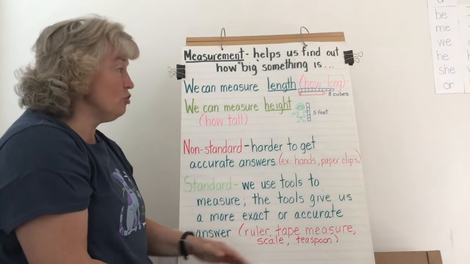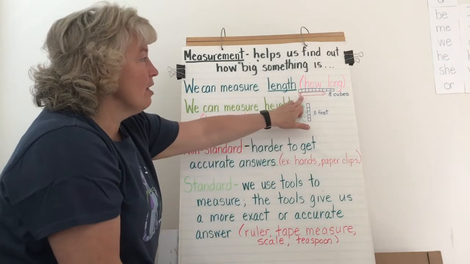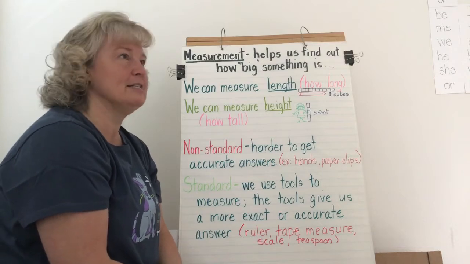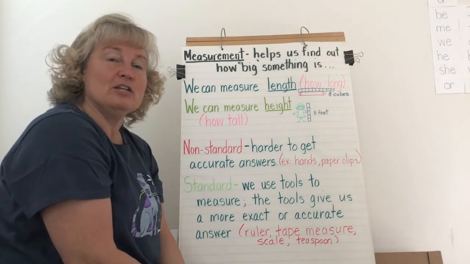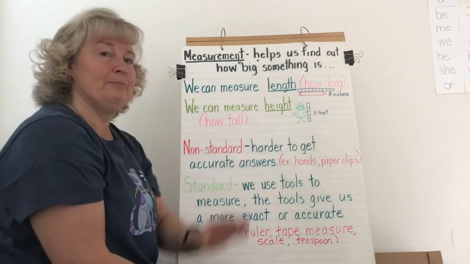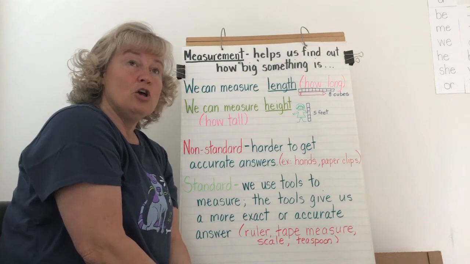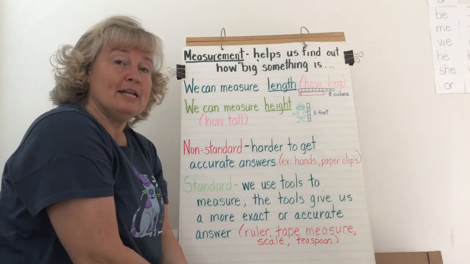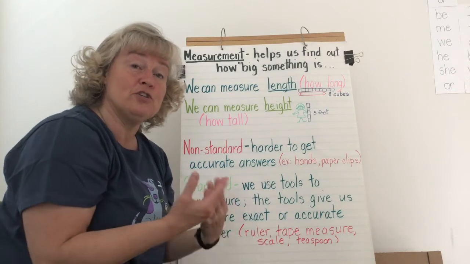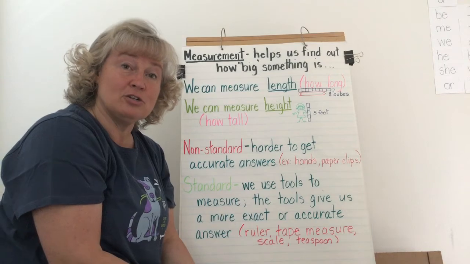For example, we would use something like a ruler, and we could measure that pencil. Again, we could measure that pencil and find out that it's 6.5 inches long. Or we could measure our height, like Mrs. Hess's height is 5 feet 6 inches tall. So we can get a more exact answer. And because we're using the same tools for each of us to measure with, that will help us all get the same answer.